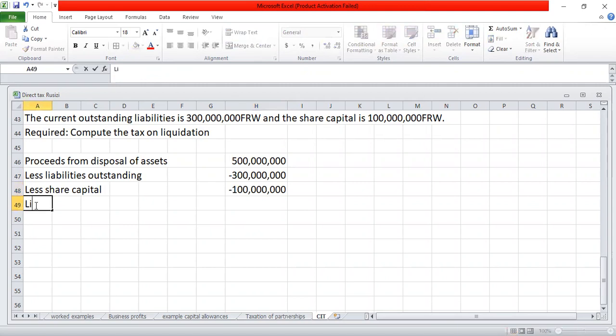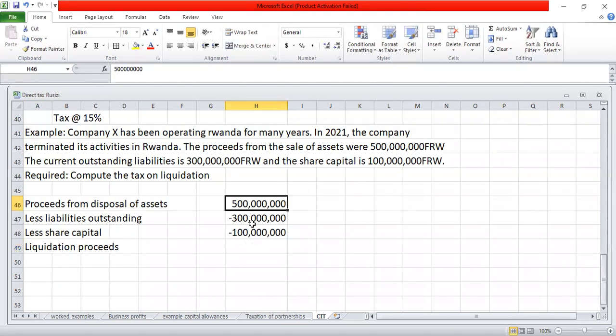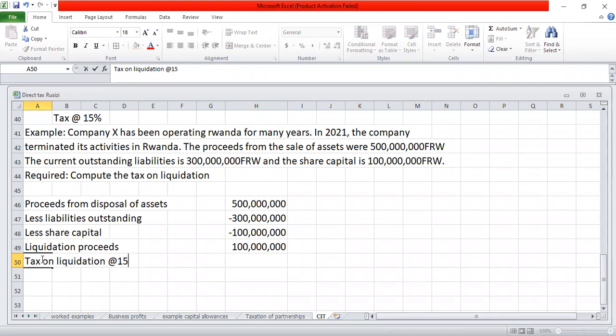So the liquidation proceeds will be 100 million. Then tax on liquidation at 15% is this times 15%. Then I'm getting the tax on liquidation.